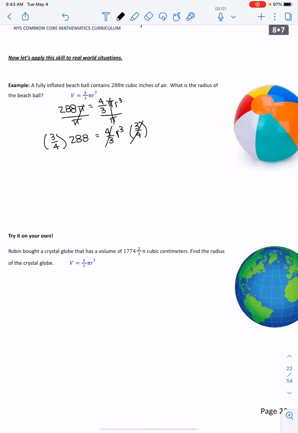So when I put 3/4 multiplied by 288 in my calculator, I get 216 equals r cubed. Then I'm going to take the cube root of both sides. And r is going to equal 6 inches. So my radius is 6 inches.